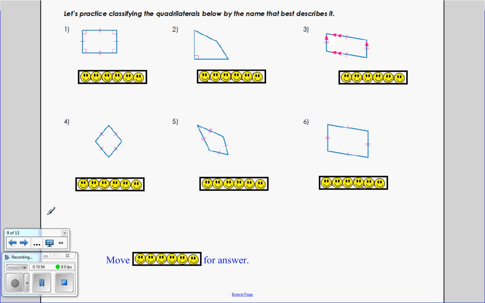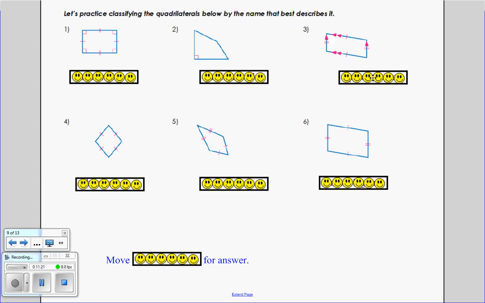So practice classifying up here. What do you think number 1 is? Number 1 is a rectangle. Number 2 is a quadrilateral. It does not have any parallel sides at all, so it's a plain old quadrilateral.